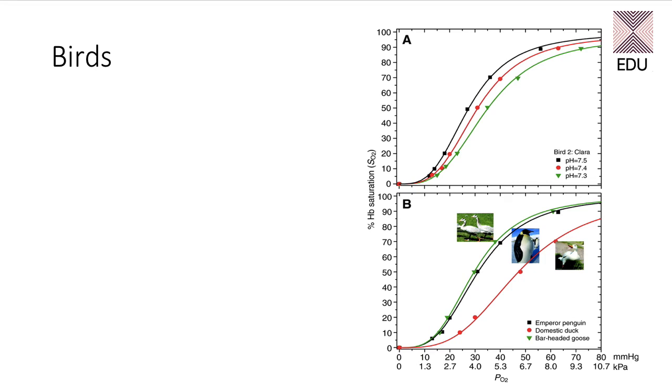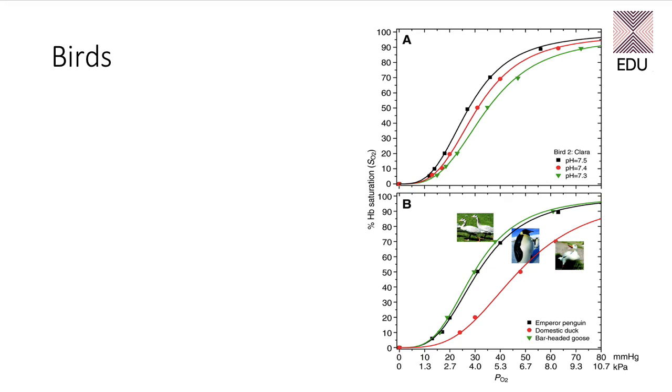Now, if you take the second graph, the B graph, you can again see three curves. These are three curves for three different birds. In the upper graph, we have three curves for a single bird Clara. But here in the second graph, we have three curves for three different birds.